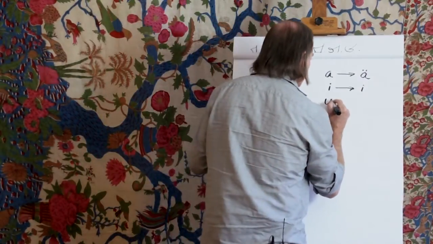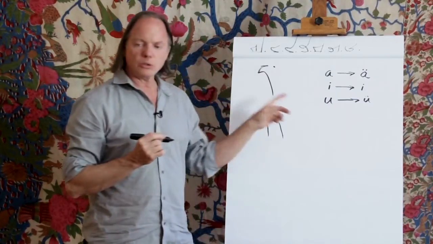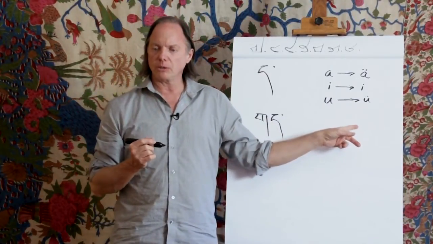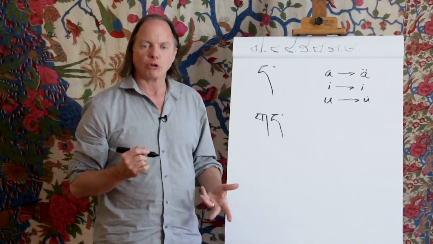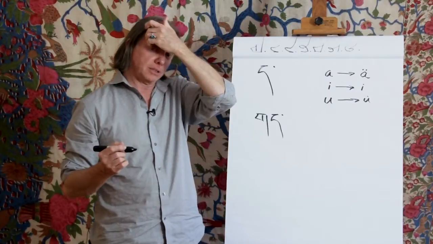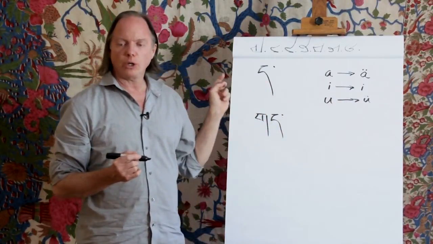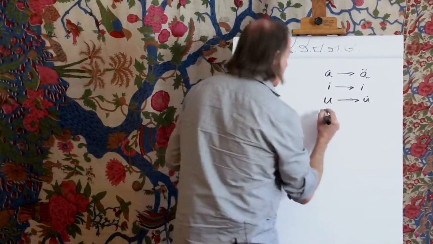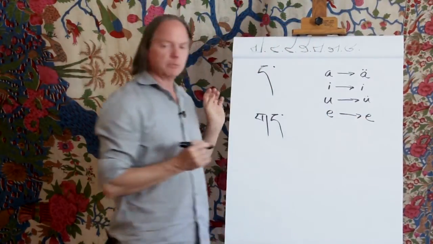U changes to U umlaut, like der Führer. I don't know what it means, the head or the head leader or something like that. A, E, U, A: no umlaut, it doesn't take an umlaut. A remains the same.